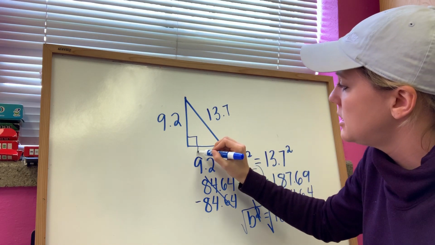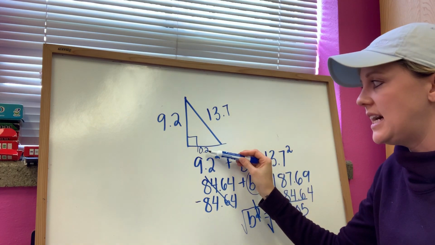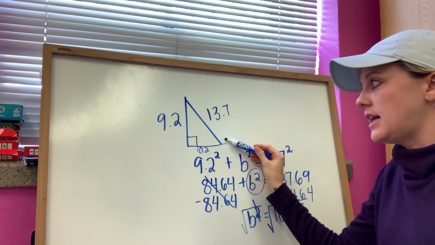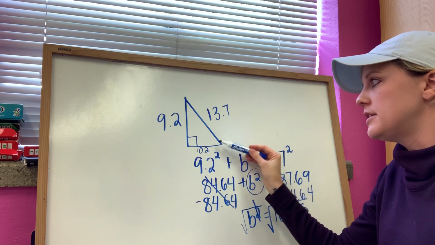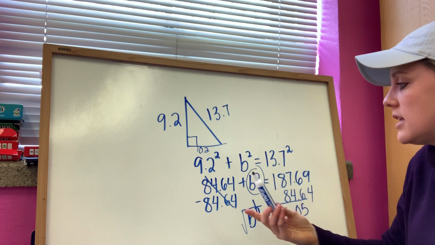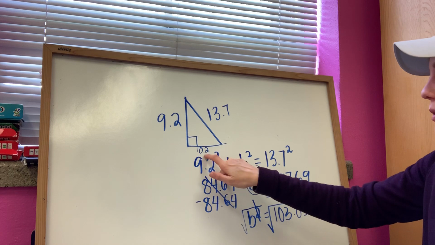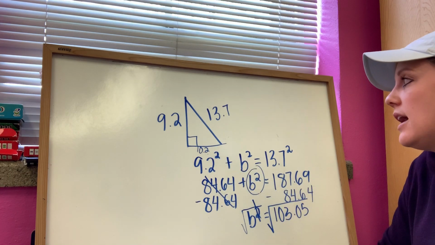So let me just double check my work. If this is 10.2, I just need to make sure that is not the longest side. The longest side has to be the hypotenuse, and these numbers look pretty good. The hypotenuse is the longest. There's nothing way out of range. Make sure you didn't put 103 for this. But yeah, it looks good.